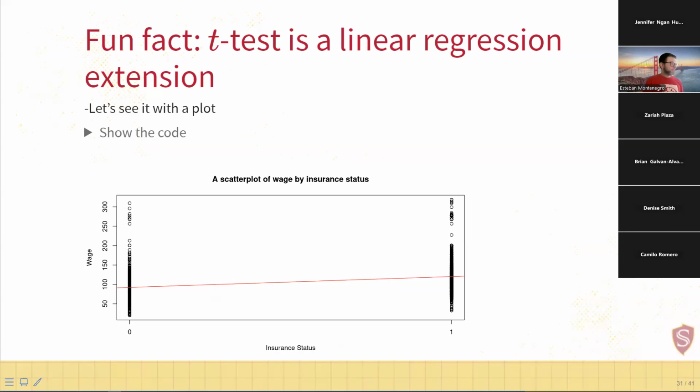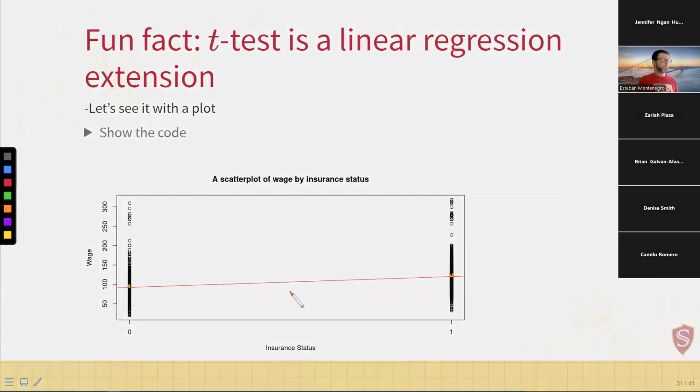The mean of group zero is around here, and this one increases up to here. So it's like tying together two different means. That's what it's doing because I don't have a continuous variable. What I have is a discrete variable. It's a nominal variable with two levels, zero or one. So the line looks like this.